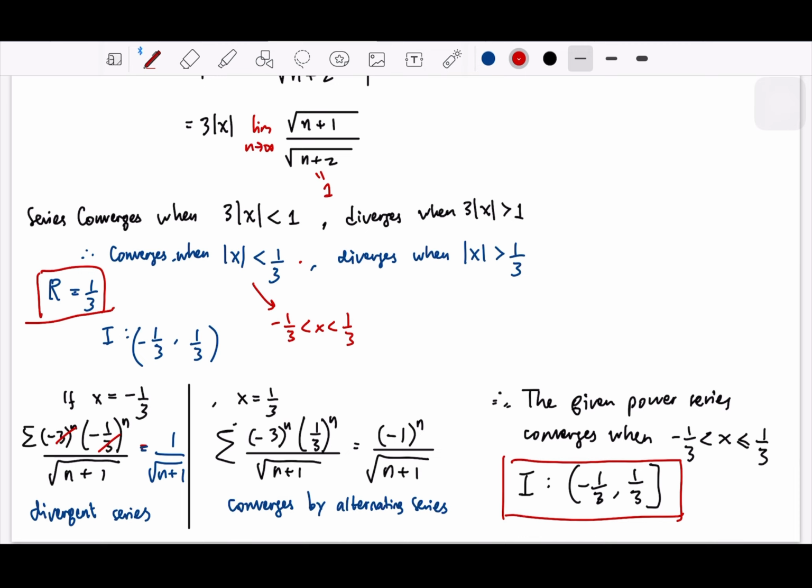So I hope the logical order from the first step until the last one here is clear. It's clear. Is there any questions? Any questions? Any discussion?